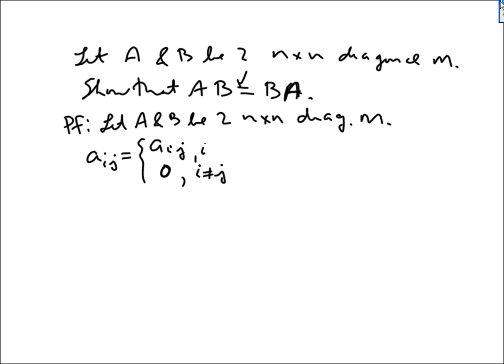And if i does equal j, you really can't say what it is. In other words, A23, since i and j are different, I get 0. A44, since i and j are equal, I can't say what it is. It's just A44. But if i and j are different, I know what it is.